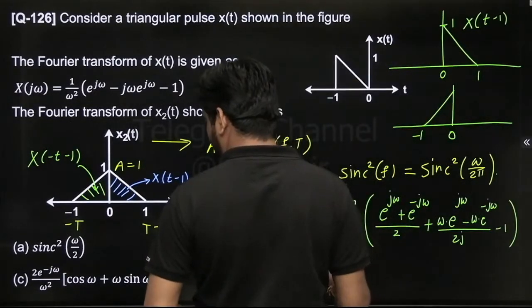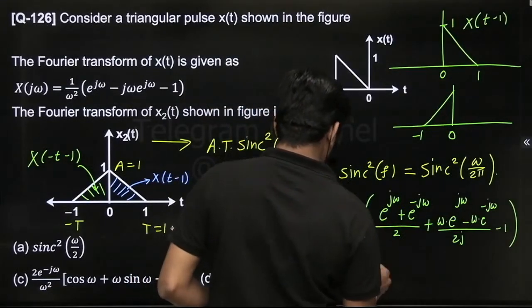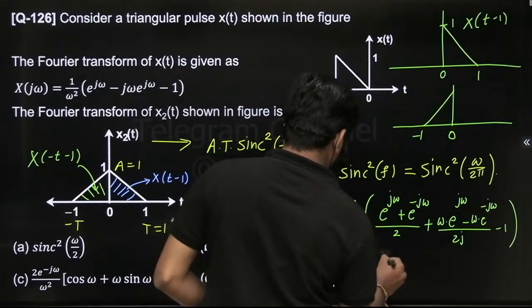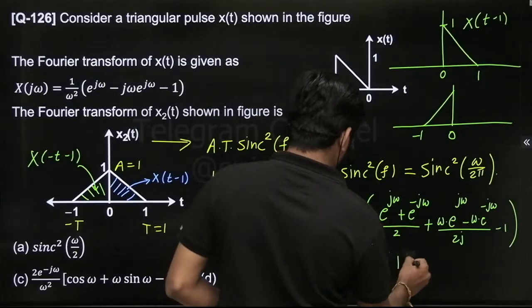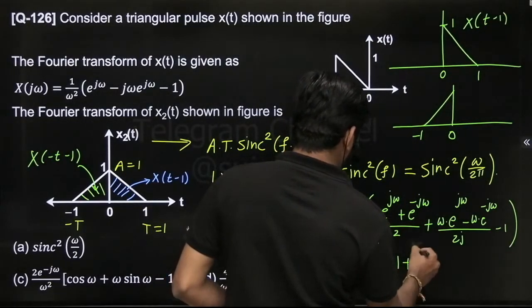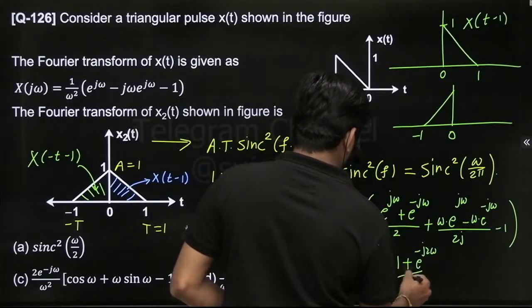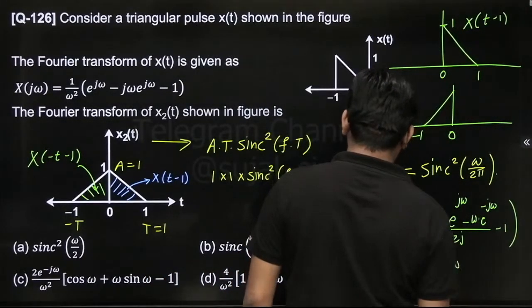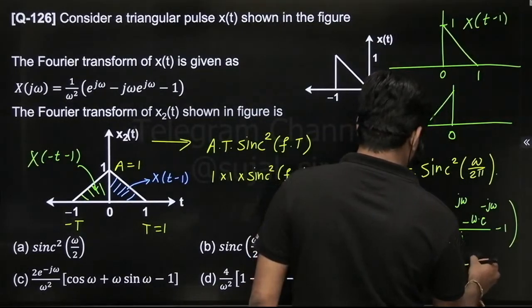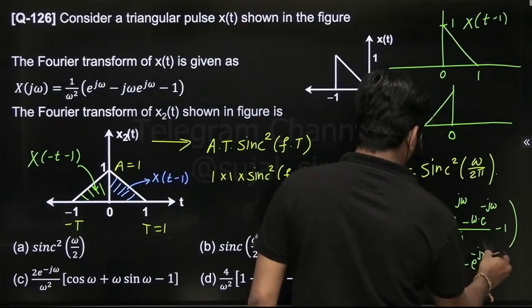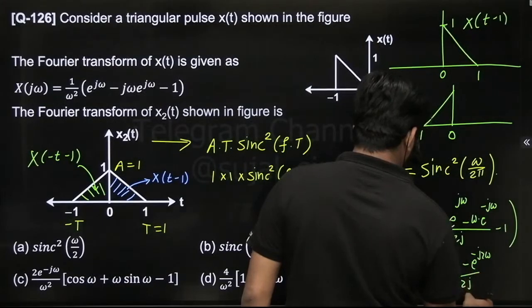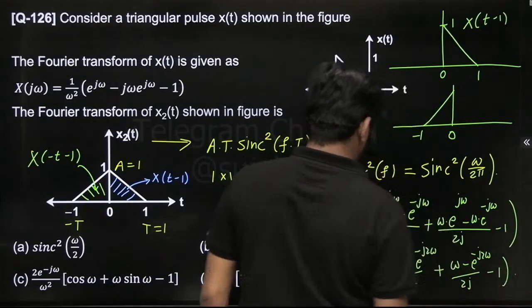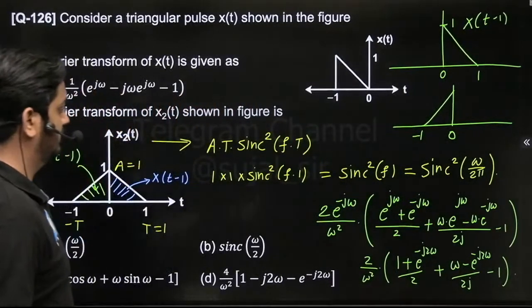So if you multiply this inside, 2 by omega square, here this is 1 plus e power minus j2 omega divided by 2, plus omega, minus e power minus j2 omega divided by 2j, minus 1. No, I think this is not possible.